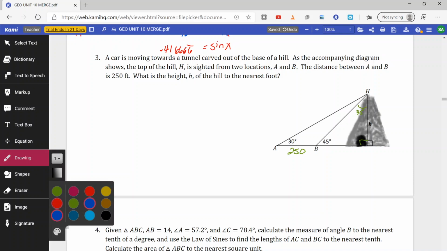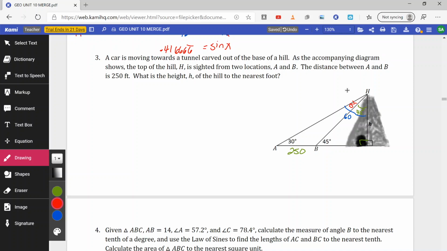And we also know the big picture here, 30 and 90, meaning the larger angle up top is going to be 60. So the larger angle is 60, the other angle for side H is 45, which means the other piece here is going to be 15 degrees. So there are our pieces that we can use.